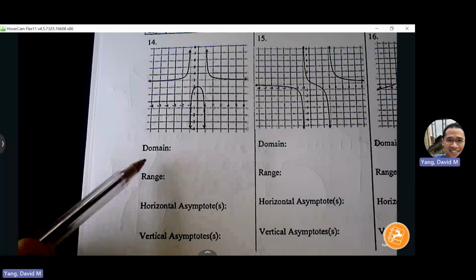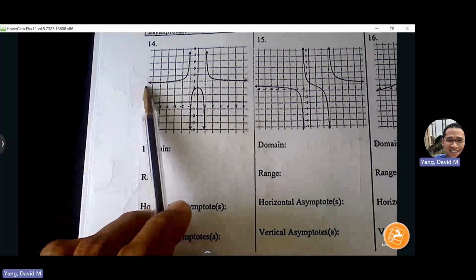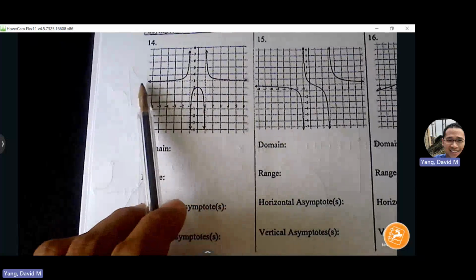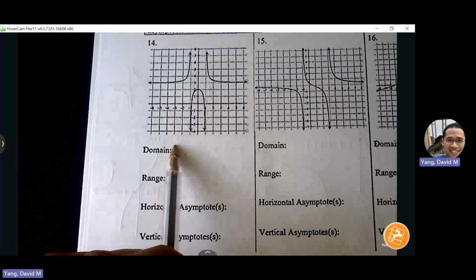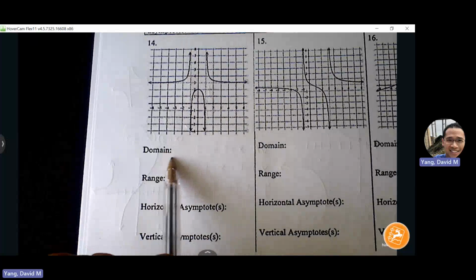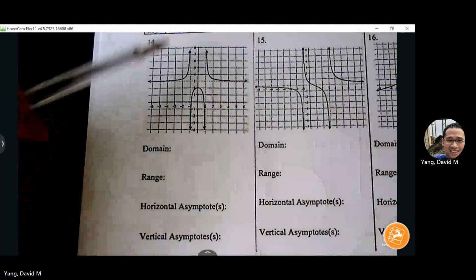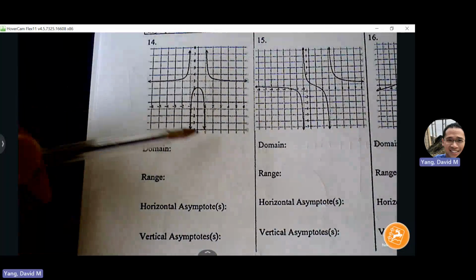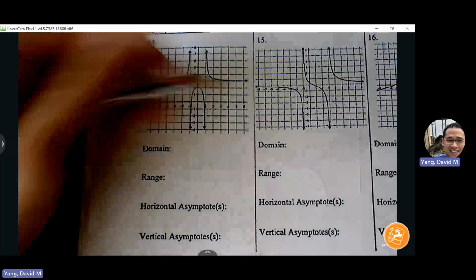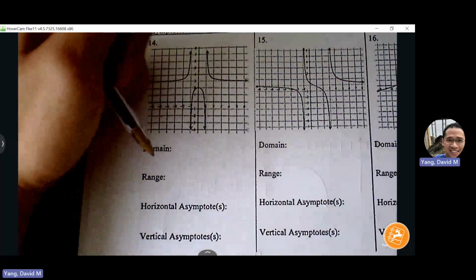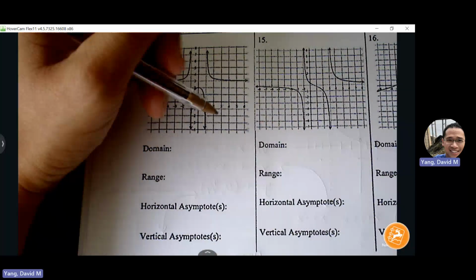So here, my domain is going to be where my graph exists. But there's only two things preventing my domain from being all real numbers. Where are my two restrictions? The vertical asymptotes. So basically it's all real numbers except my vertical asymptotes. Let's practice writing our domain and range in interval notation.